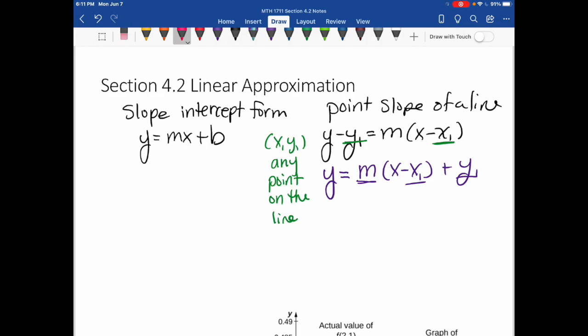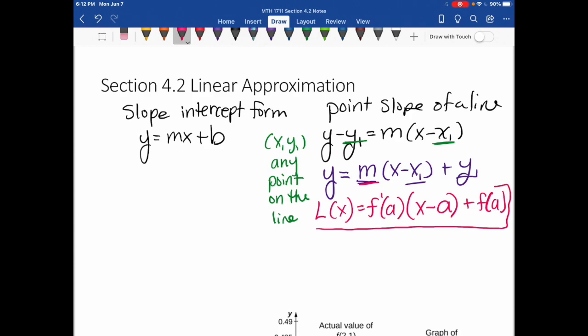And then they also took it a step further and used function notation for this. So we would have the equation of the line, they use L of x is equal to your slope, and the slope at a point A on the curve would be the derivative at point A, so that's your slope, times x minus the x coordinate of that point that you're looking at on the curve, plus the corresponding y value at that point, which would be f of a.